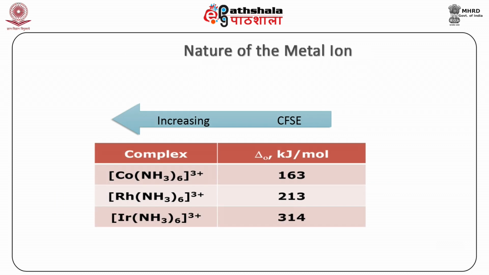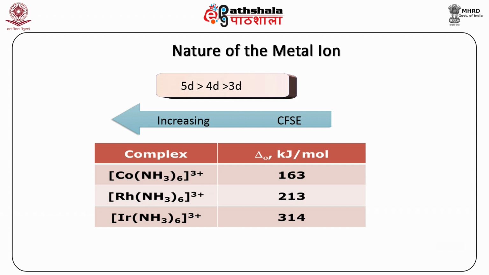If we consider the metal ions that belong to the same group and forming similar kind of complexes with the same oxidation state for all the metal ions, we will find that the metal ion that belongs to the 5d series has greater CFSE value as compared to the metal ions of the 4d series.